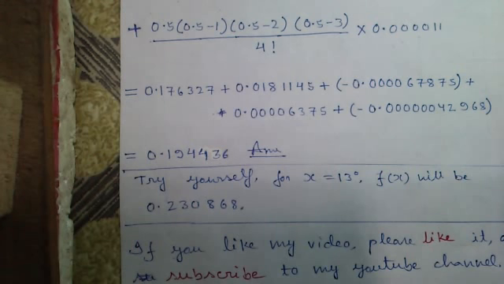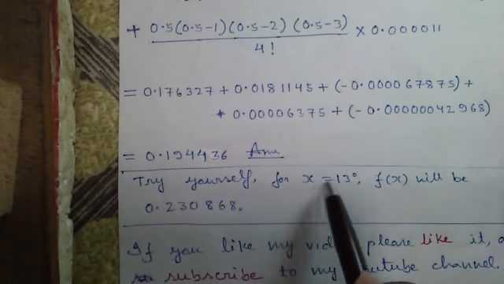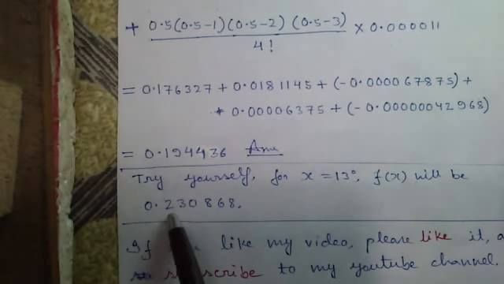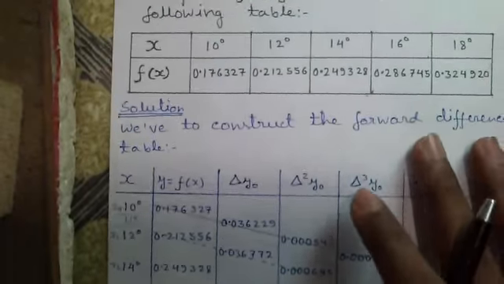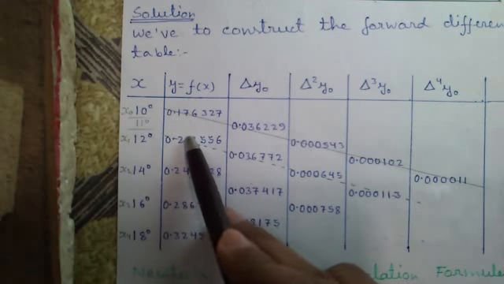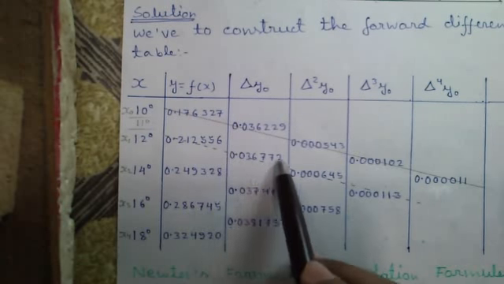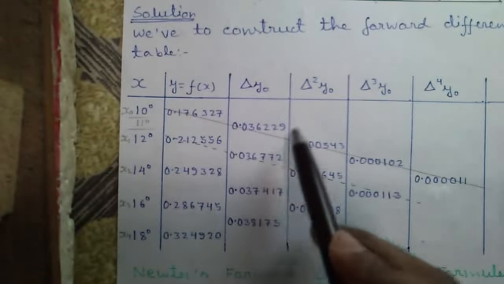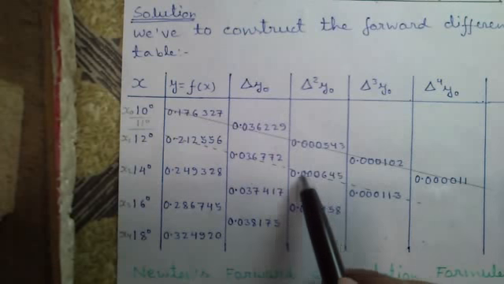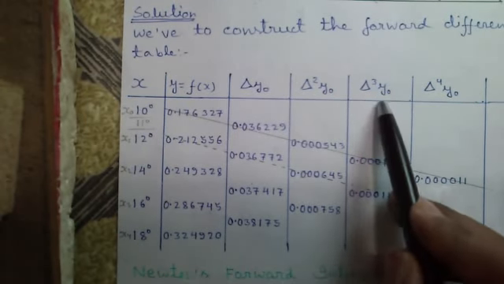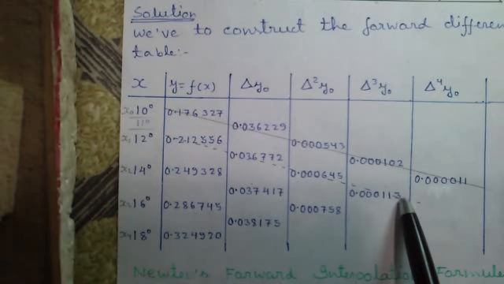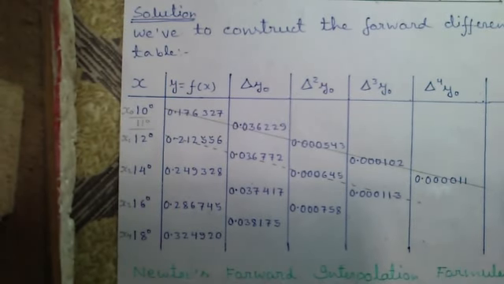Isn't it easy using your calculator? So you can try another one yourself. For x equals 13 degree, f of x will be 0.230868, and for x equals 13, our y0 will be 0.212556, del y0 will be 0.36772, del square y0 will be 0.000645, del cube y0 will be 0.000113, and del 4 y0 will be this for x equals 13.